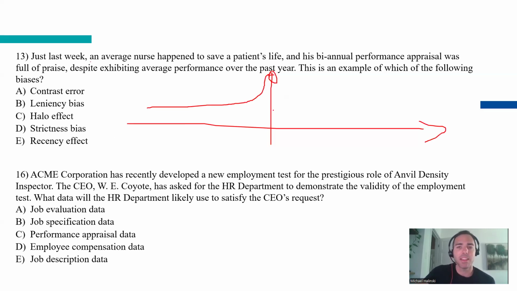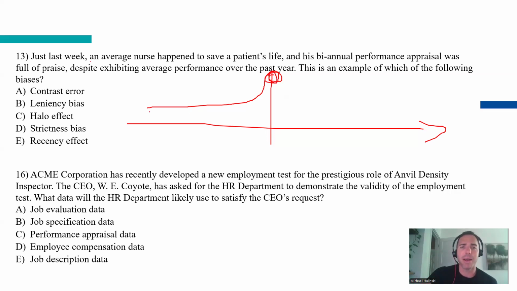Let me just pull this up again. Sorry. So recency effect suggests that everything that happens just before the evaluation is what you're going to be evaluating. You're going to focus your attention on the activities and behaviors just before the evaluation.